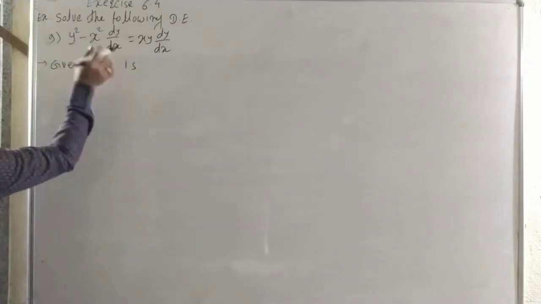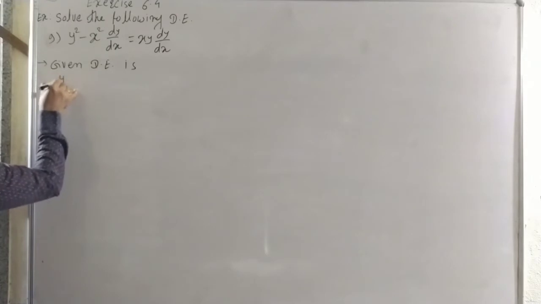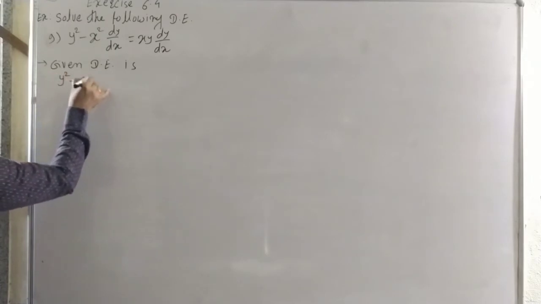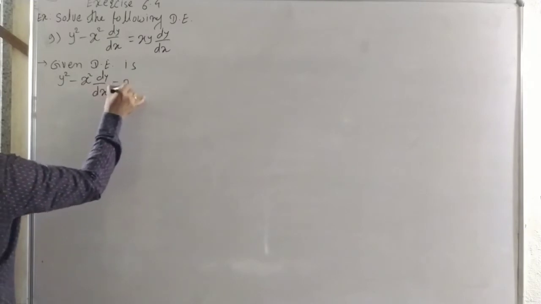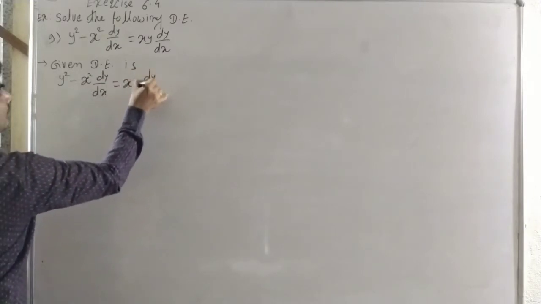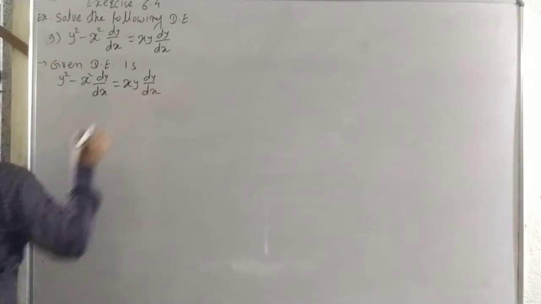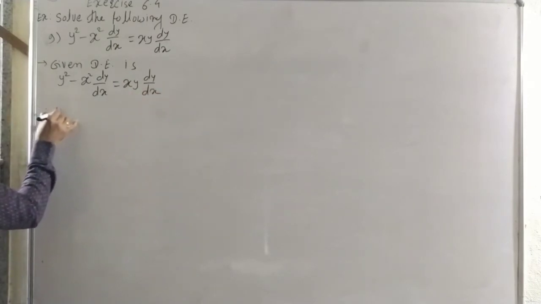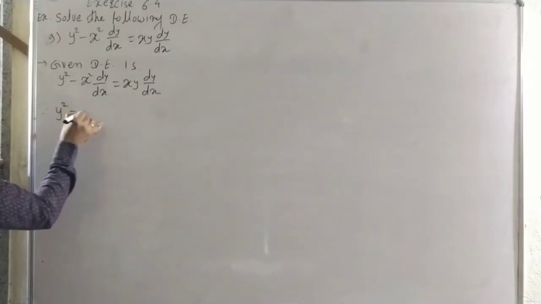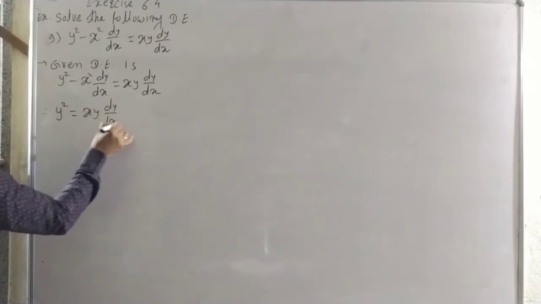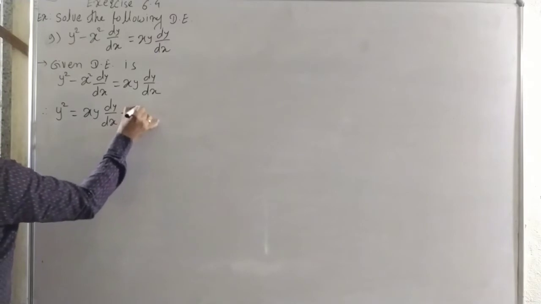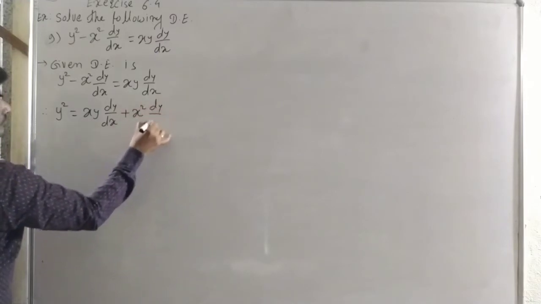Now, the given differential equation, y square minus x square dy by dx is equal to xy dy by dx. Then y square is equal to xy dy by dx plus x square dy by dx.